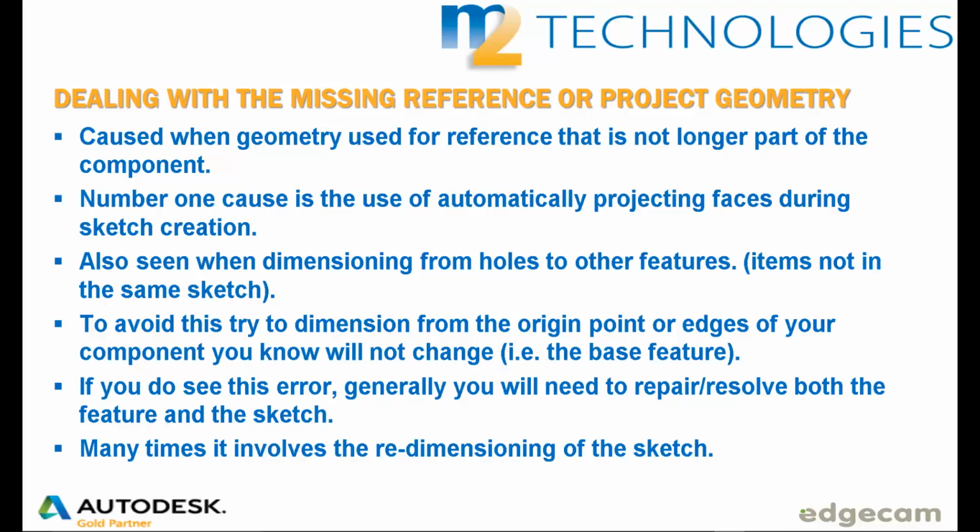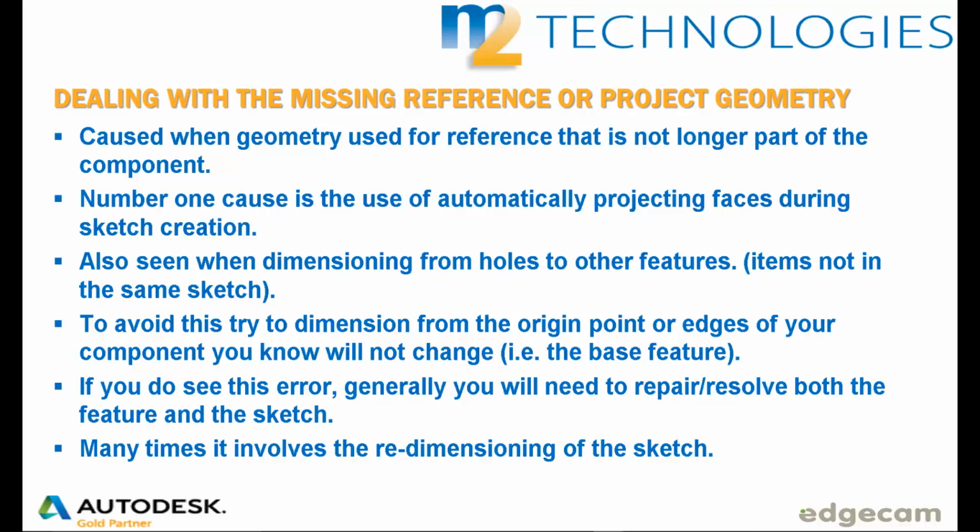So, for example, if you had a hole in your plate or in your component, and you then created a new sketch and dimensioned from that hole to another hole, well, if you went back and deleted the hole and replaced it or just got rid of it because you don't need it anymore, it's now not going to be able to be referenced. It's not there. So the downstream part that had a dimension to it is going to say, hey, it's missing. We need to do something with that.